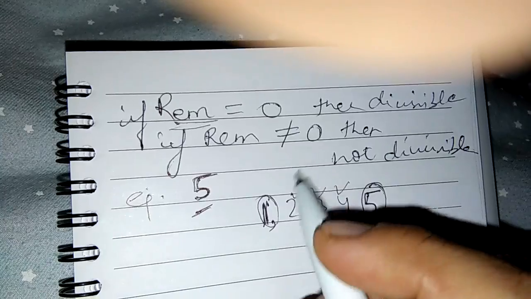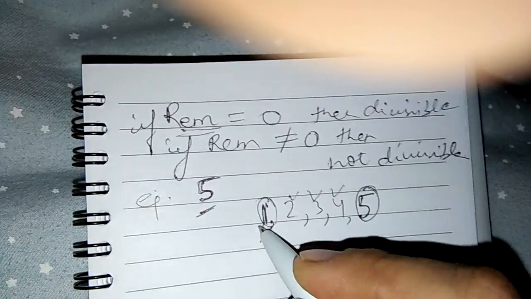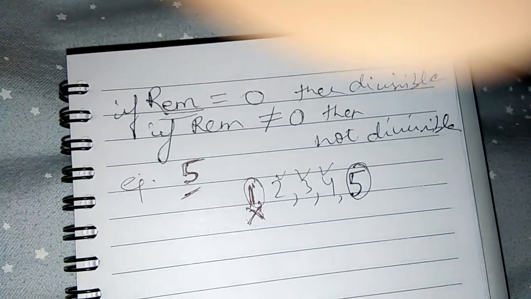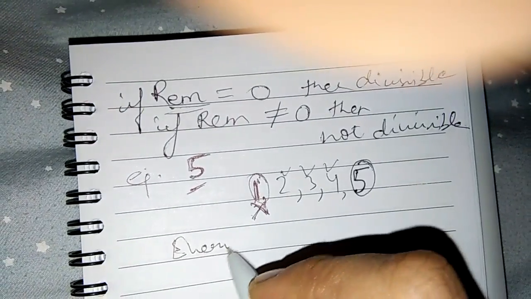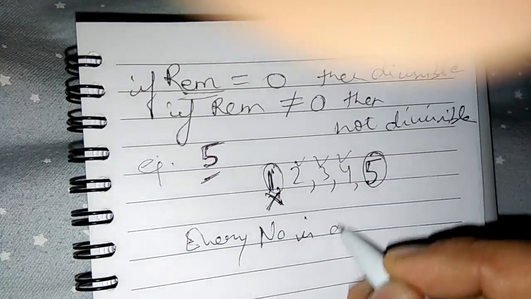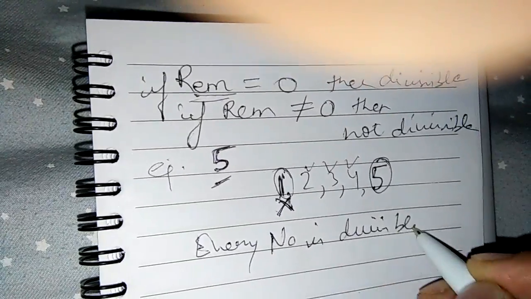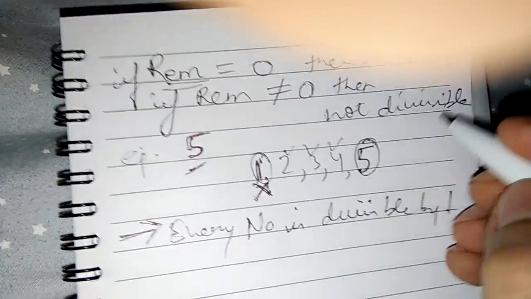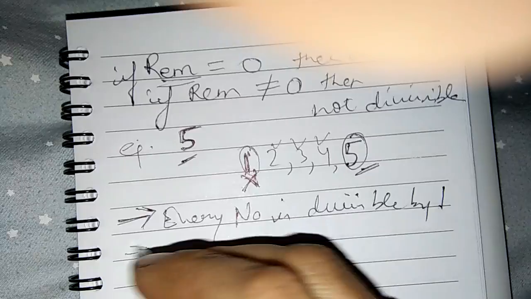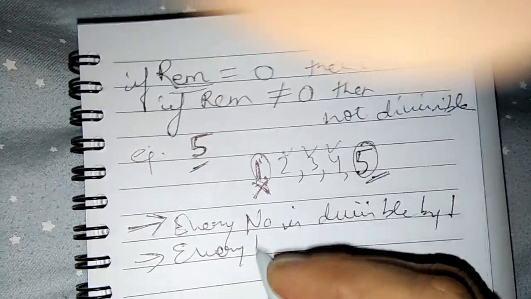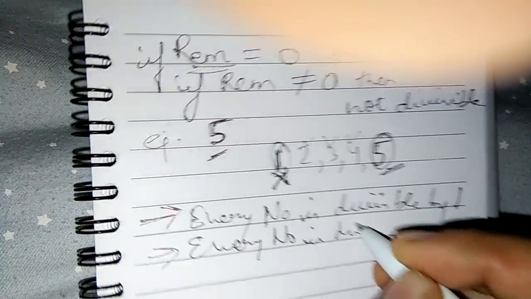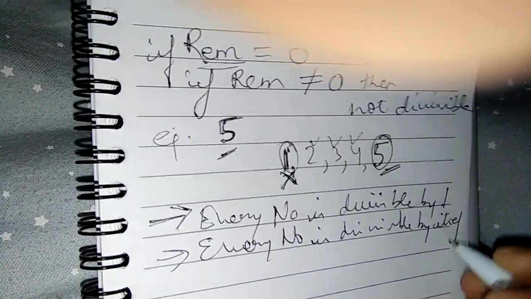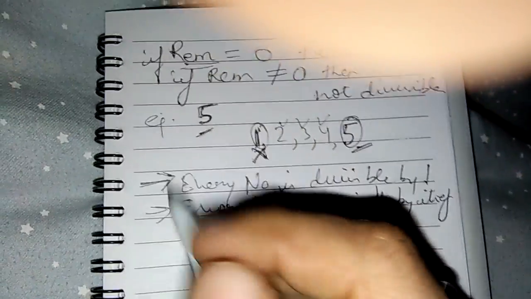We all know that there is no need to check for 1 because every number is divisible by 1. And every number is divisible by itself. So there is no need to check this condition also.